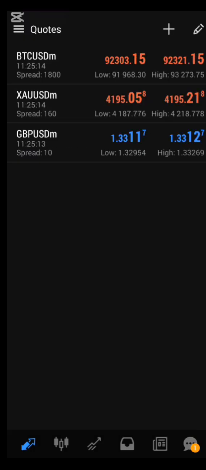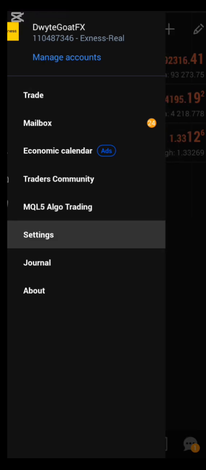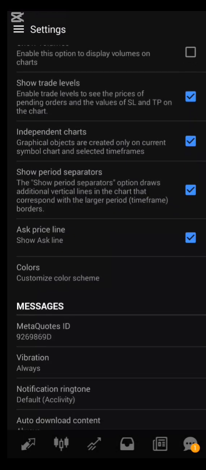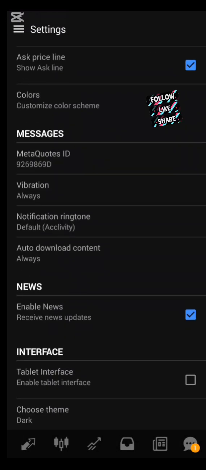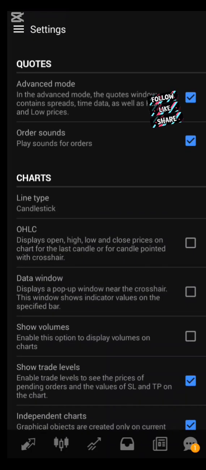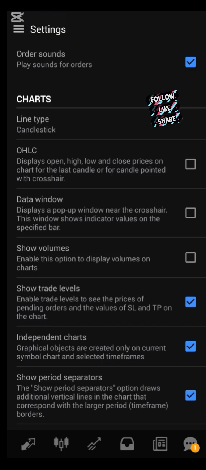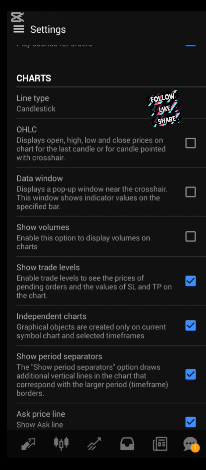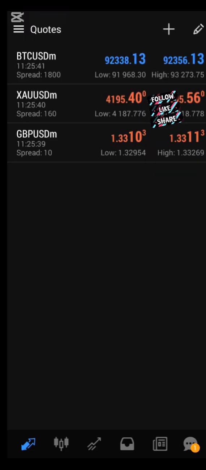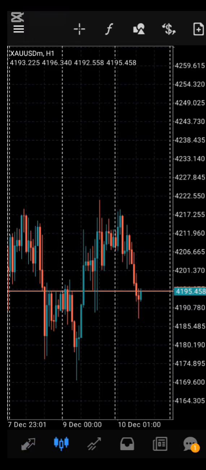What I'm trying to tell you is that as you touch the settings here, everything about your trading interface will also change. If you check here, you see line chart, you see OHLC, which means display open, high, low, and close prices. So if you click on it and come back to this place, of course you will not see it here, but you see it on the chart.